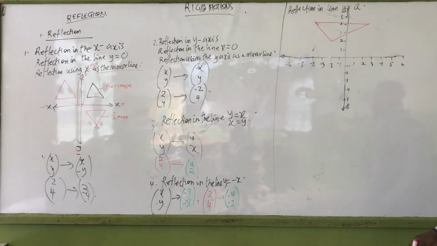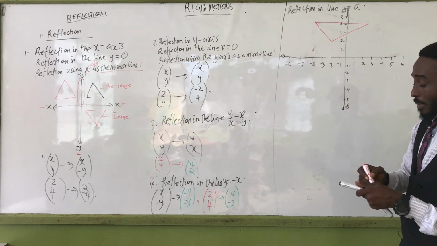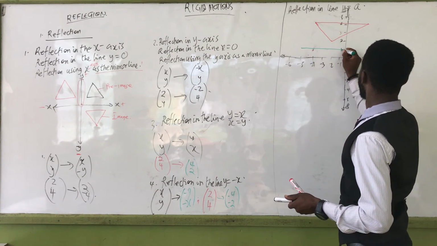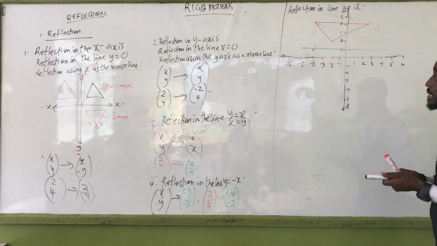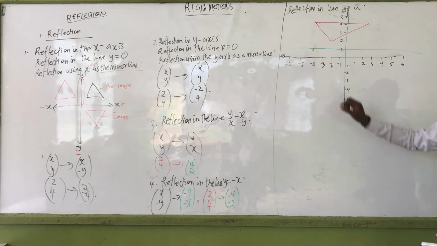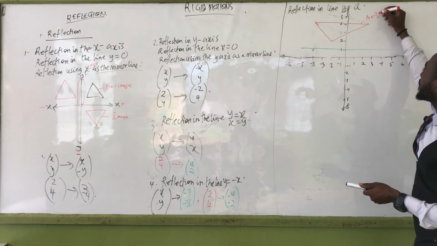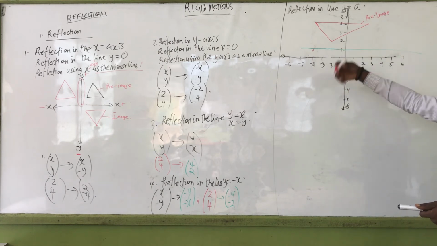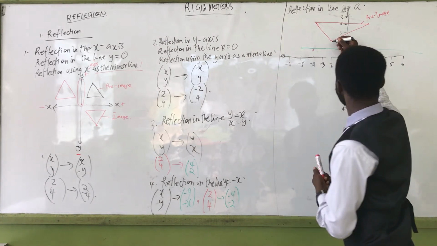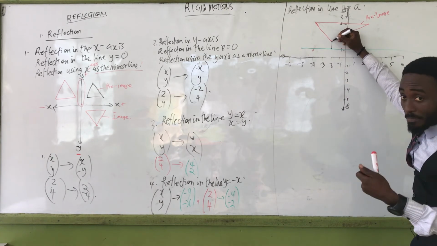And if we have to reflect that as line y is equal to a, where a in this sense is this line, where a is 1, it simply means that this line is going to be our mirror line. And the rule of reflection is that this is our pre-image, and we are looking for the next value.